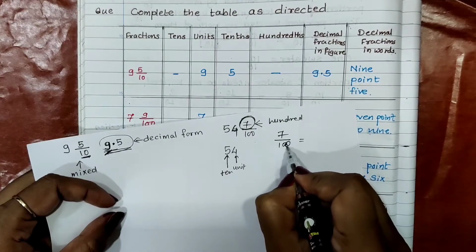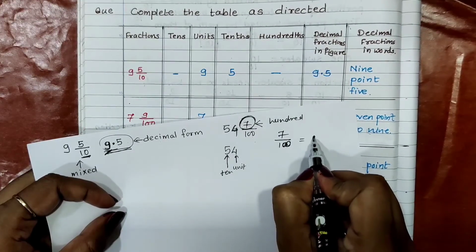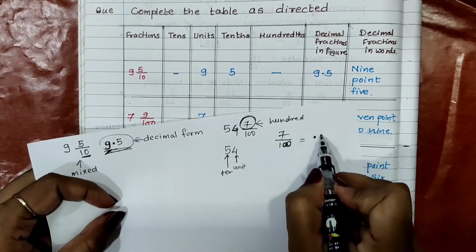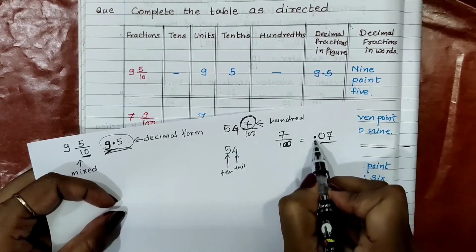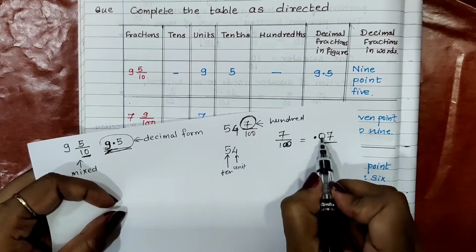And 7 upon 100, how to write in the decimal form? Because 100 is there in the denominator, there should be 2 digits after decimal point, but only one digit is there. So what should be done? We have to write 0 and then 7. So after decimal point on the right hand side there will be 2 digits.